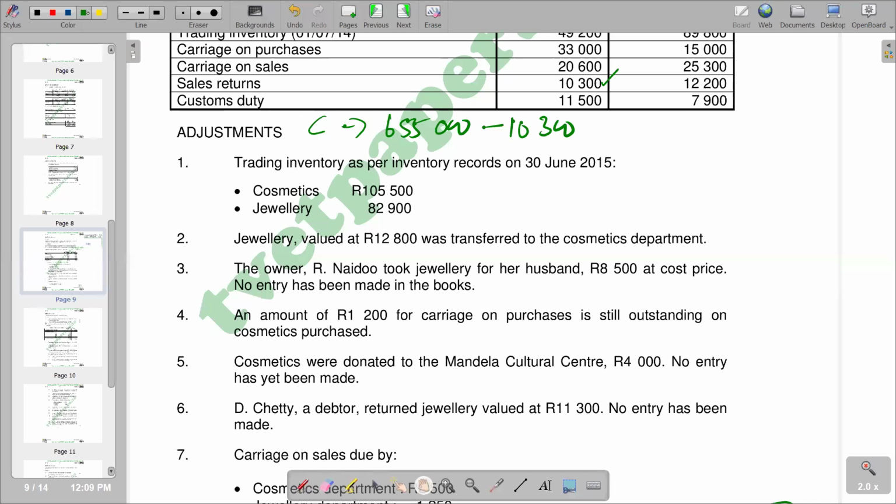In this case, we don't have any other adjustment affecting the cosmetic department sales. So if you calculate 655,000 minus 10,300, you're going to get 644,700.